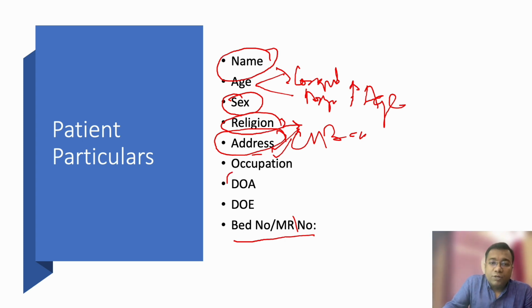Next comes the occupation. Why is the occupation important? Occupation is important because there are certain diseases which are prevalent in certain individuals, like varicose vein.